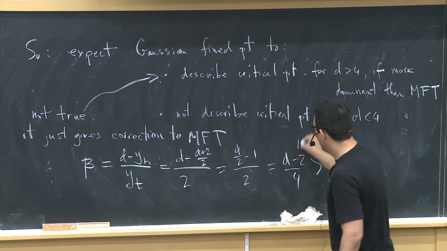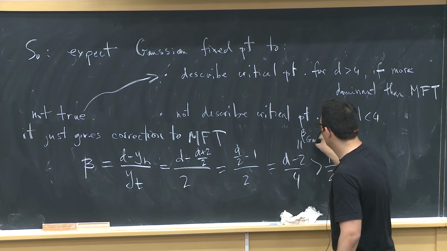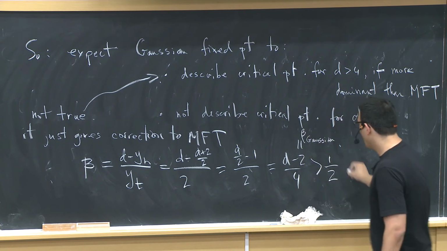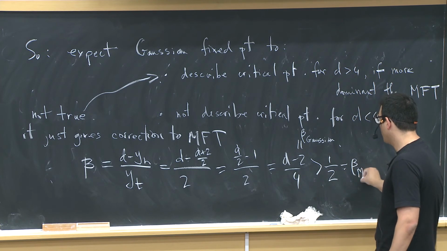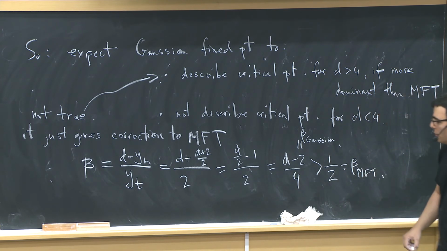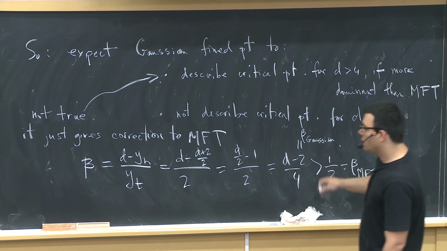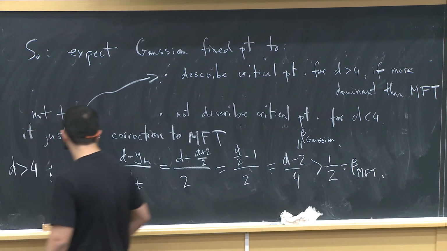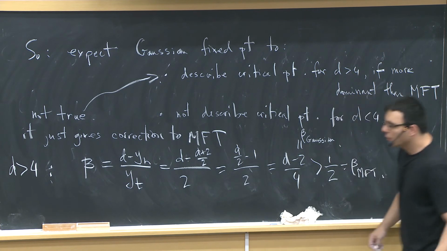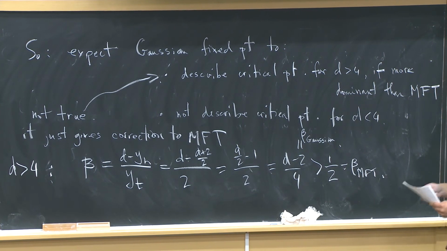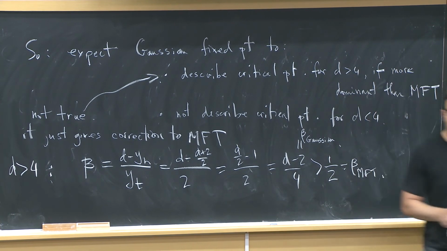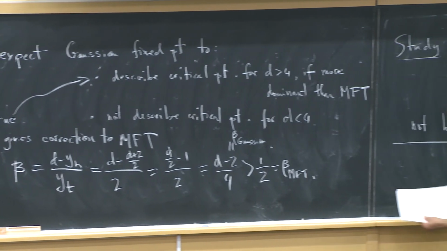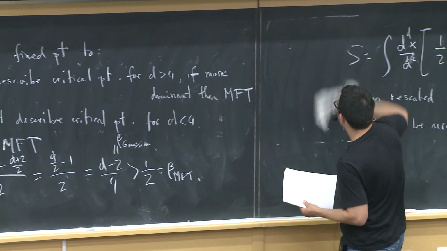So this is beta Gaussian. And 1/2 was beta of mean field theory. So when d is bigger than 4, the critical exponent that we get from the Gaussian fixed point is larger than the critical exponent that we'd get from mean field theory.